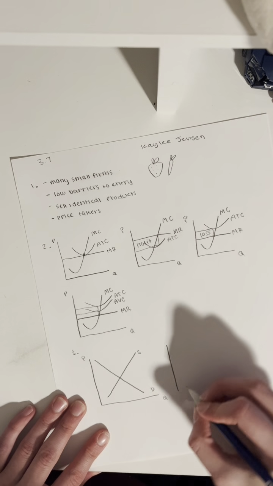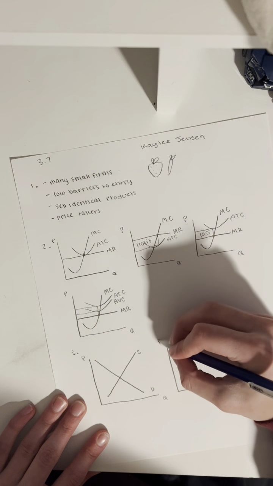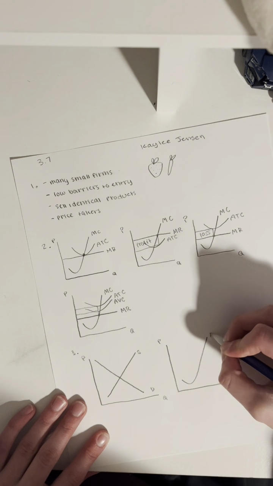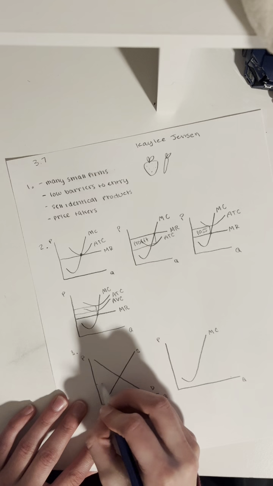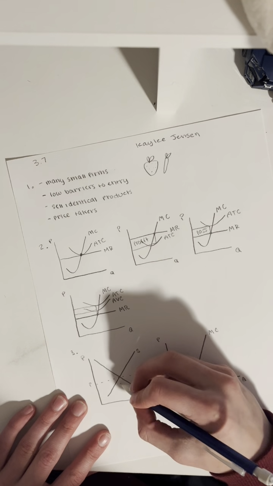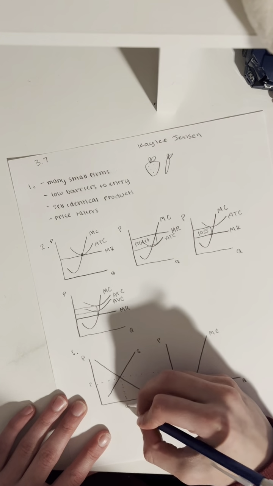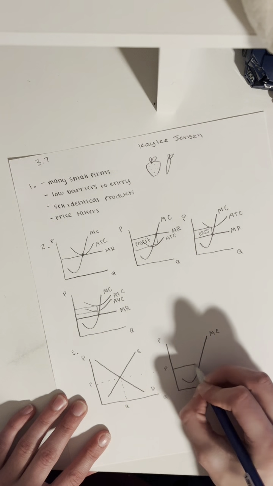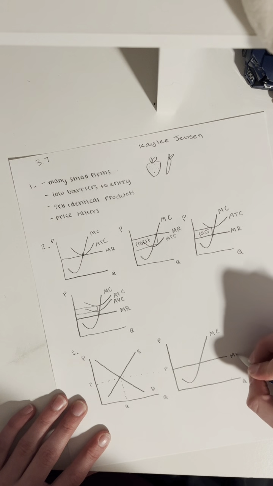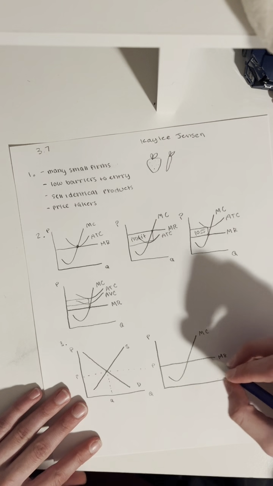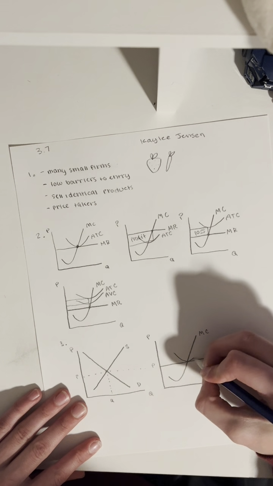Then our next graph over here, price and quantity, and then we have our MFC right here, and right here, this is where our price is at, this is where our quantity is at. And this would then be the price where our MR sits. And this is them making 0 economic profits.